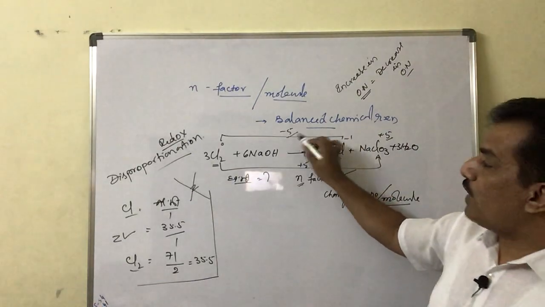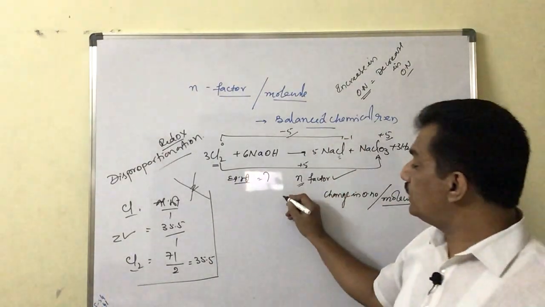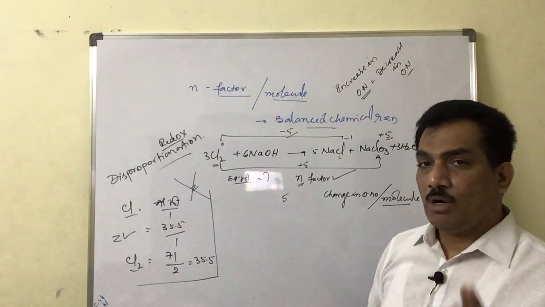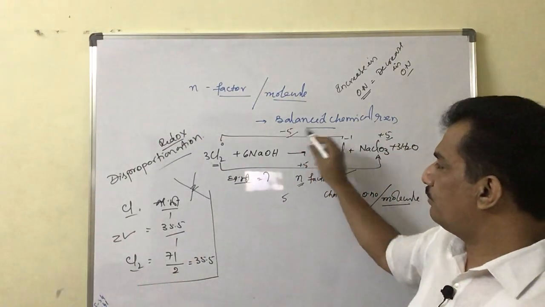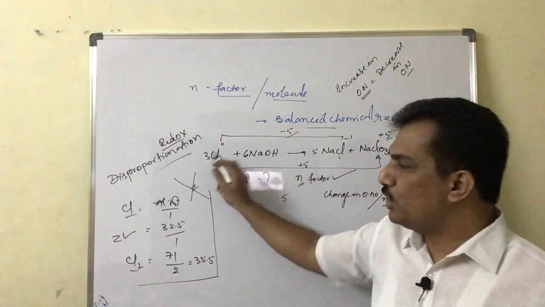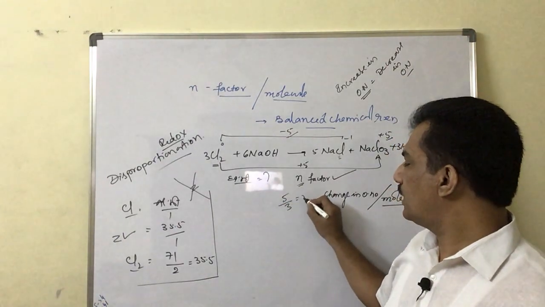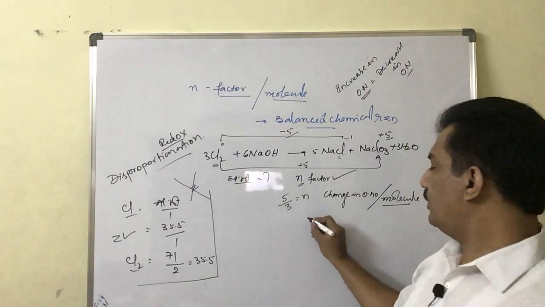Here only 5 units change. Clear? And to get that 5 units change, how many molecules are involved? 3 molecules. To balance the equation, 3 molecules are involved. So 5 by 3 is the N factor. Now how to measure the equivalent weight?